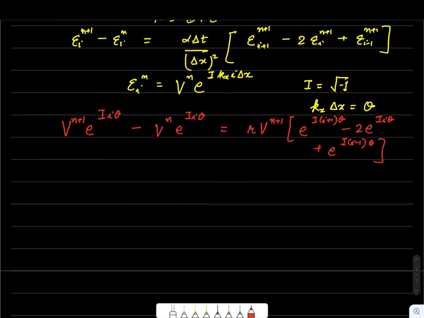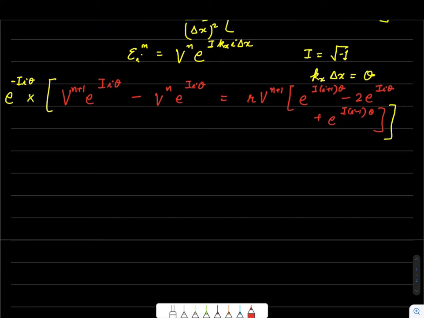And now I can take this one factor here on the right hand side, and then we can simplify. I can multiply both sides by e to the minus I theta. If I multiply both sides by this number, we will get V n plus 1 equal to V n plus r V n plus 1 into (e I theta minus 2 plus e minus I theta).